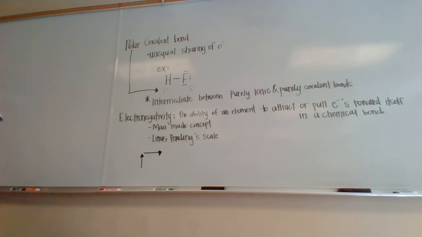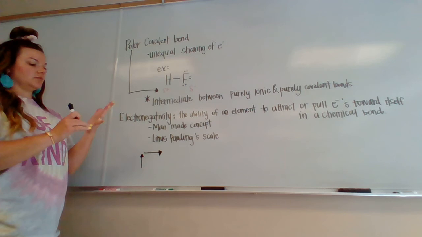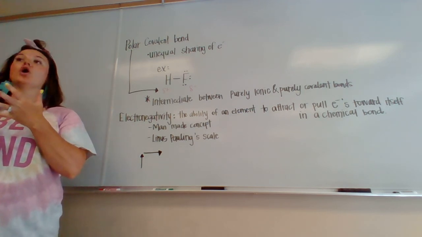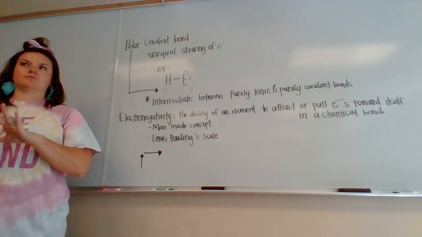Krypton and xenon, we'll see in this chapter, even though they're noble gases, and noble gases usually don't react, those two, in certain exceptions, will. Okay, so we use this electronegativity scale to determine if I have a pure covalent, a polar covalent, or an ionic bond.